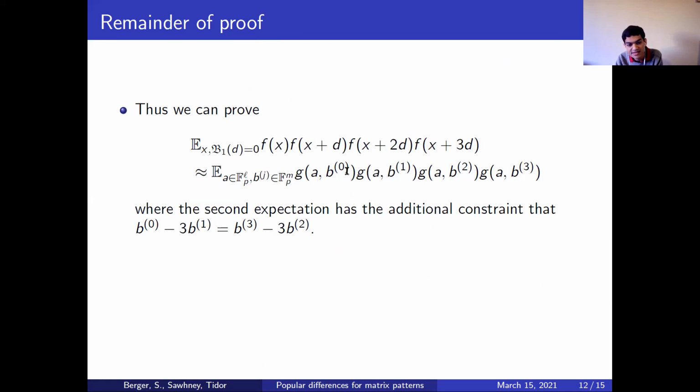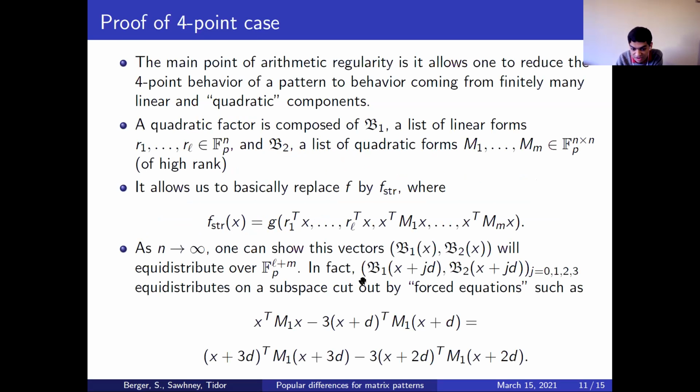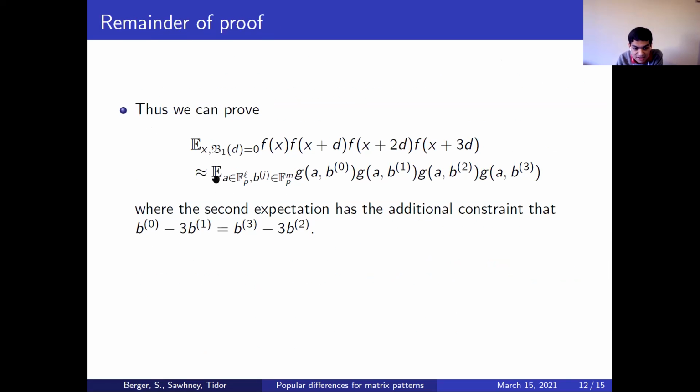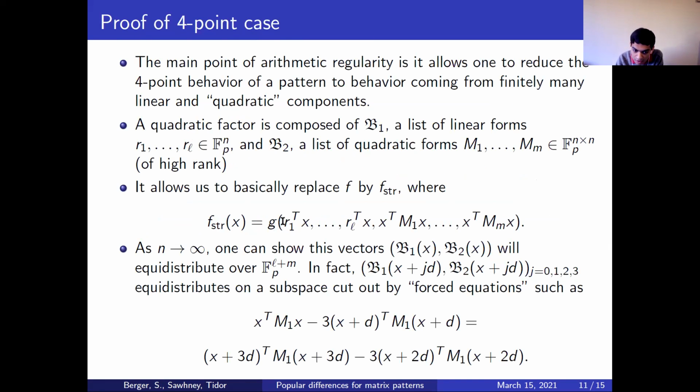The way you see this is it comes directly out of this equidistribution of this 8-fold tuple. What ends up happening is if I condition on the difference being zeroed out by all of the linear equations, then all of these vectors are equal to each other, but these things are equidistributing given this equation.